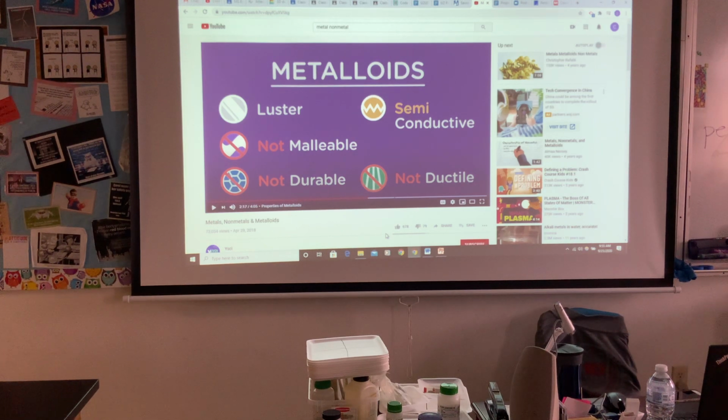And semiconductive, what does semi mean? Kind of, half, part way, like semicircle, not entirely. So they're conductive at times, but not always. It depends upon conditions. And they use this inside of the electronics because this makes it easier to control the flow of electricity.